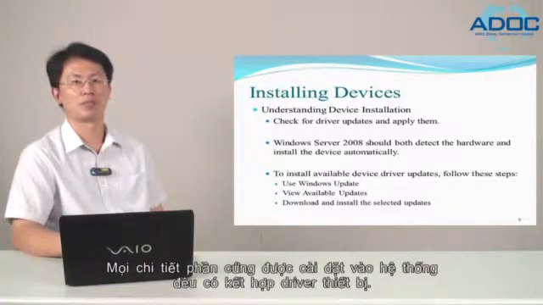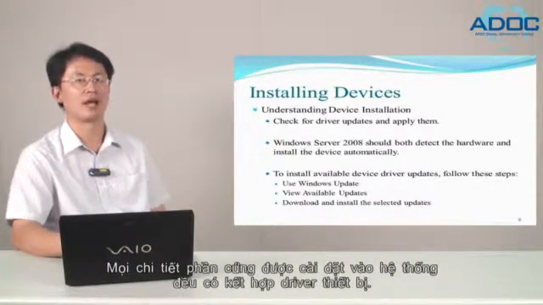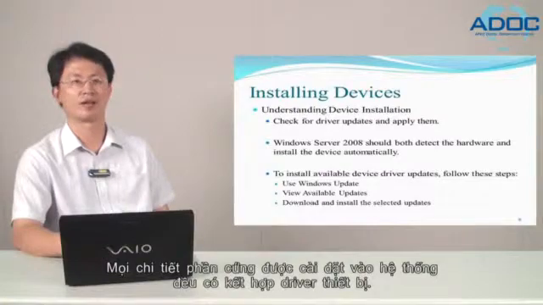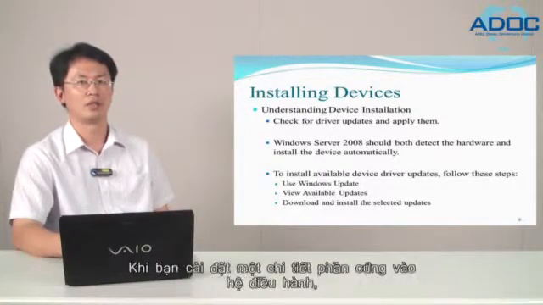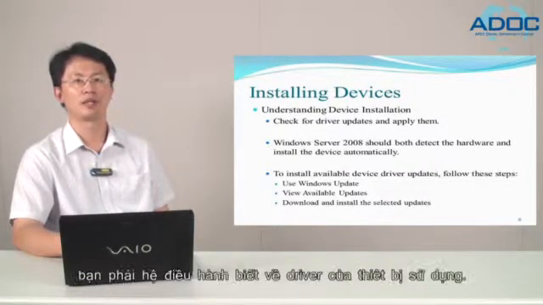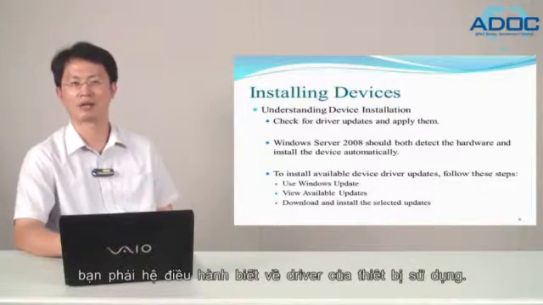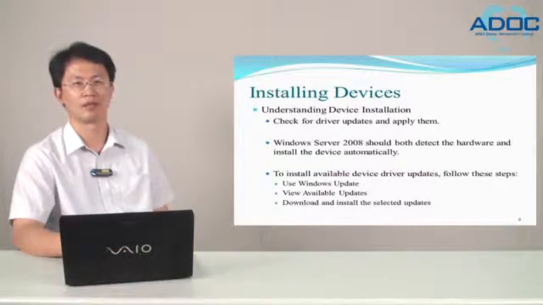And every hardware component installed on a system has an associated device driver. When you install a hardware component through the operating system, you tell the operating system about the device driver it uses.